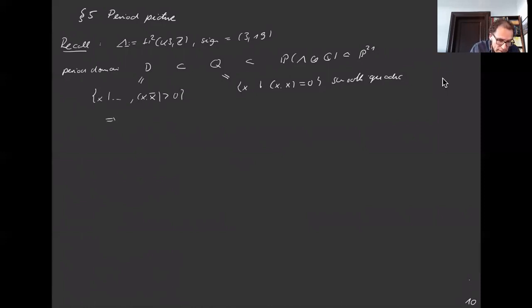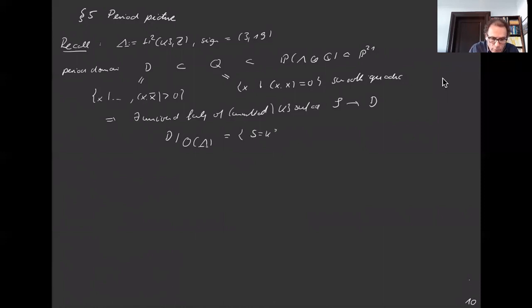And then we know that there exists a universal family of marked K3 surfaces S over this period domain D. If I divide out D by the natural action of the orthogonal group of the lattice lambda, then this is really the set of isomorphism classes of all K3 surfaces.